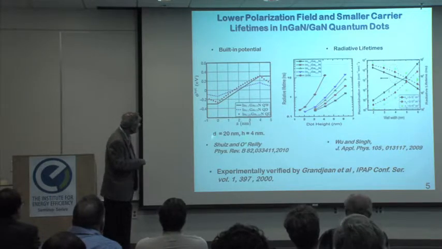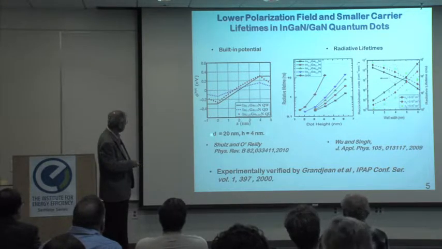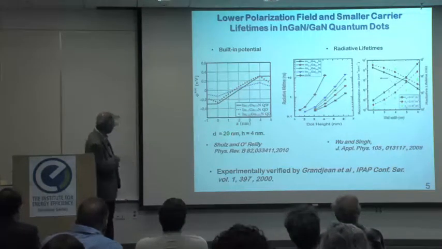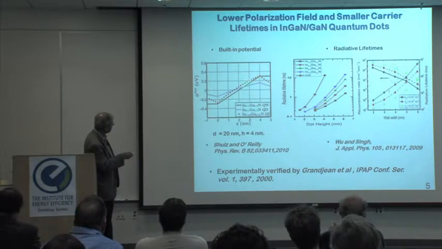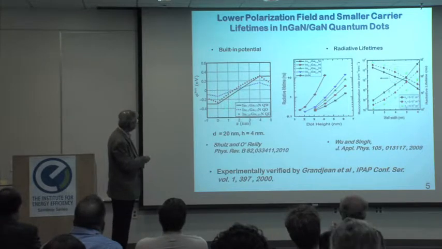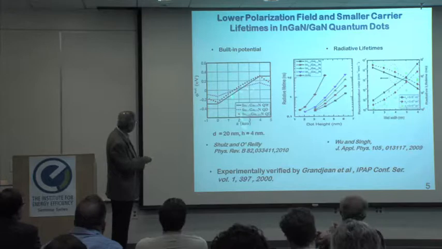He modeled them as lens-shaped quantum dots about 4 nanometers in height and 20 nanometers in diameter, and you can see that for the same composition the polarization field is much smaller, and it only becomes comparable when the indium composition is doubled.